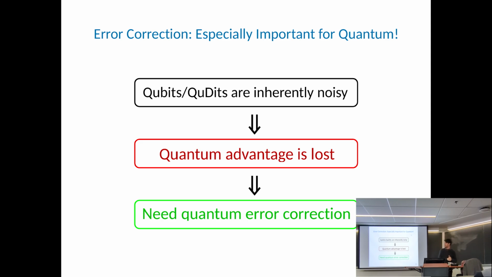Classical error correction is more for like cell phones or like sending things over noisy channels. But quantum is sort of inherently noisy, and even the equivalent of a quantum laptop, like a local quantum device, will still need quantum error correction. So it's really especially important for quantum stuff. So by extension, what I do is important. That's the message.